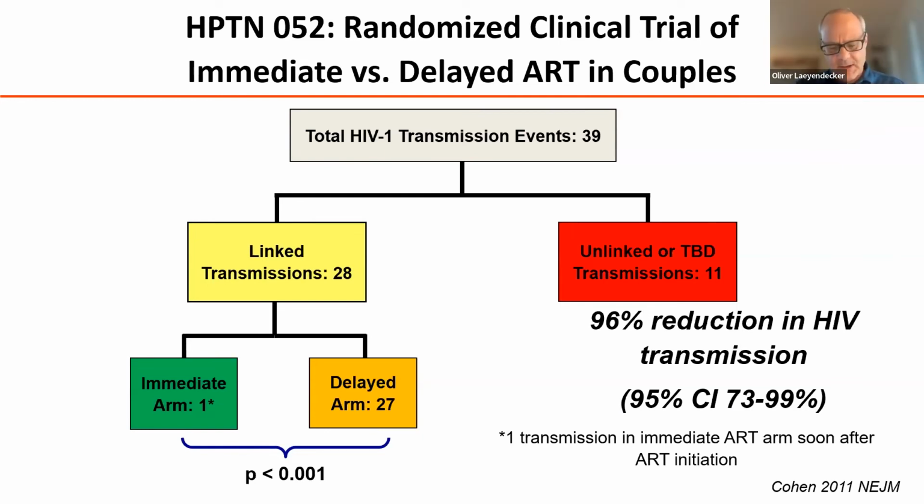Then when the partner became infected, there were sequences from the originally positive partner and then from the newly infected partner. And linkage studies were performed to determine, was the newly infected individual actually infected by the prevalent positive partner.